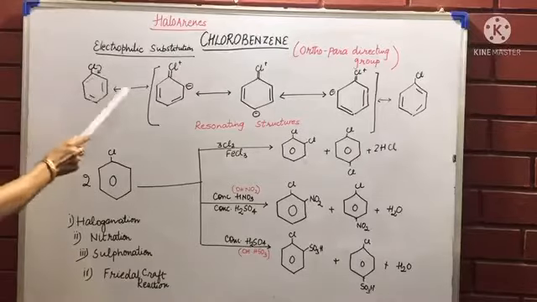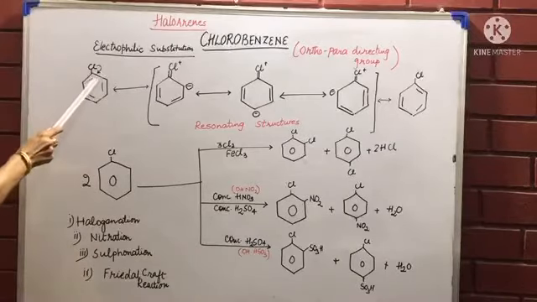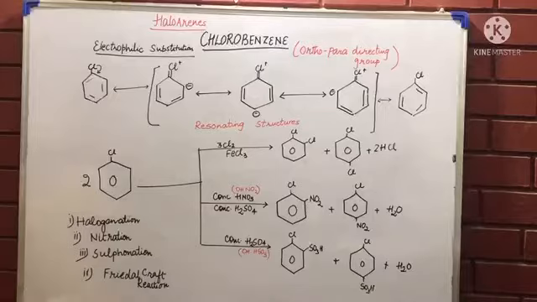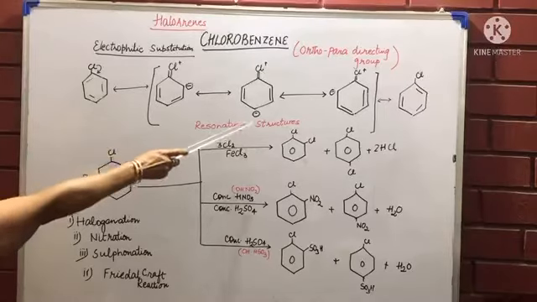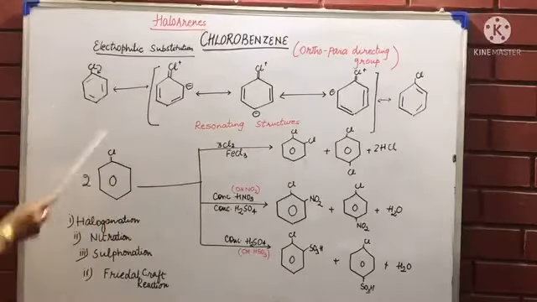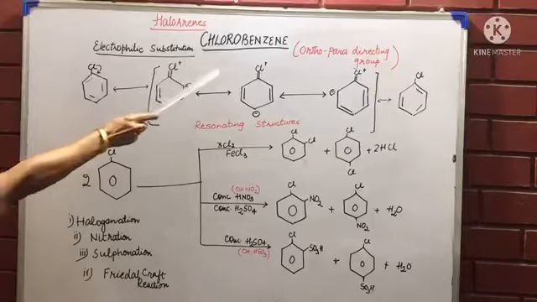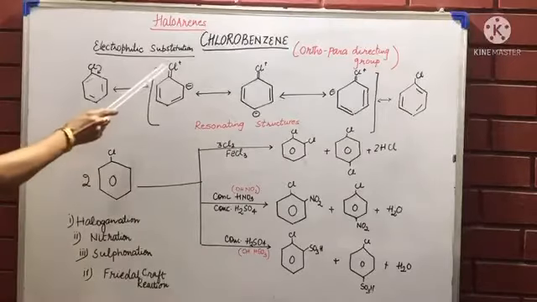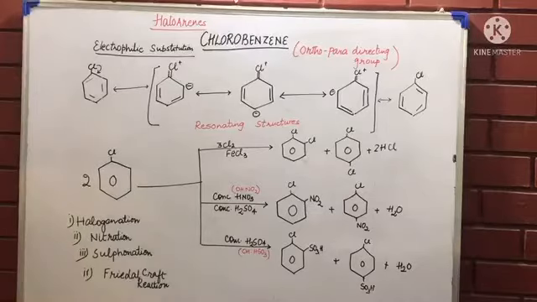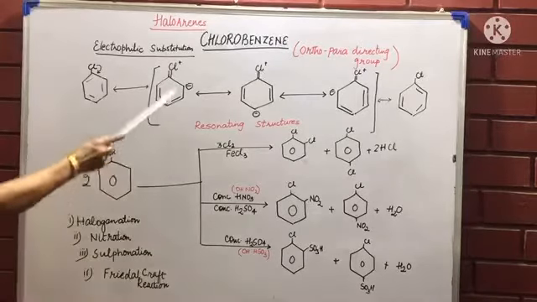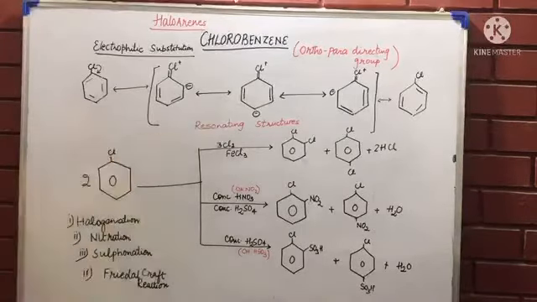The chlorine atom gives electrons to the ring, activating the ring, and activation takes place at ortho position, para position and ortho position. Remember to make a double bond at these places, with positive charge on chlorine and negative charge at ortho, para and ortho positions.